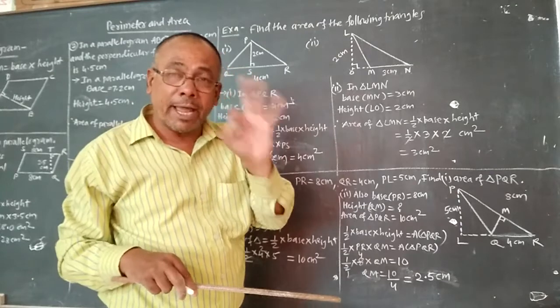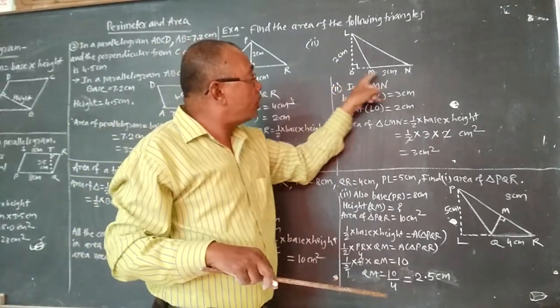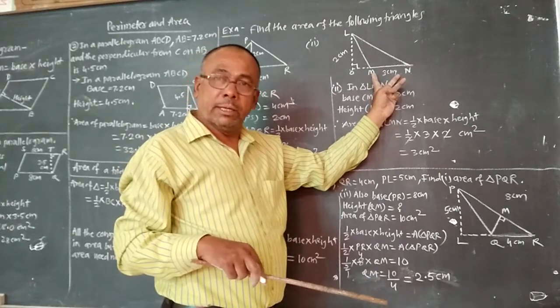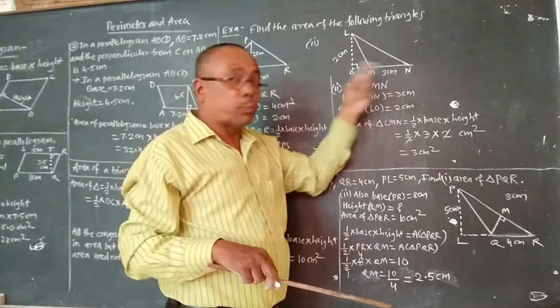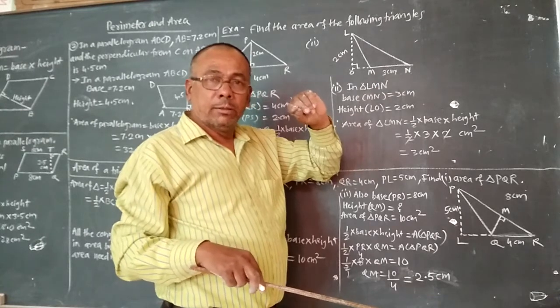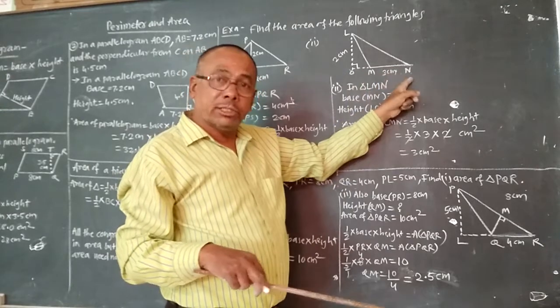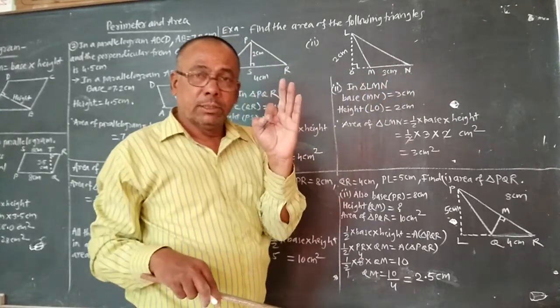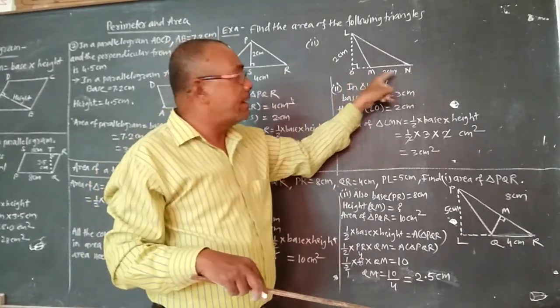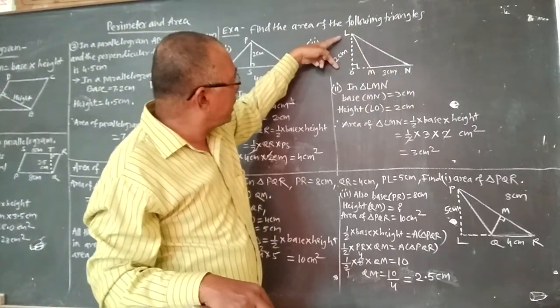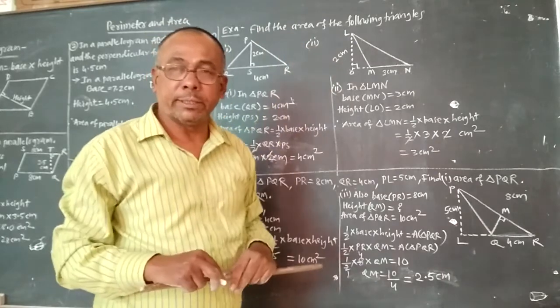But mind you that the base is not ON, only MN is the base. Understand? Because ON is produced, so don't consider that ON is the base. We must take base as MN, which is 3 centimeter, and height as LO, which is 2 centimeter.